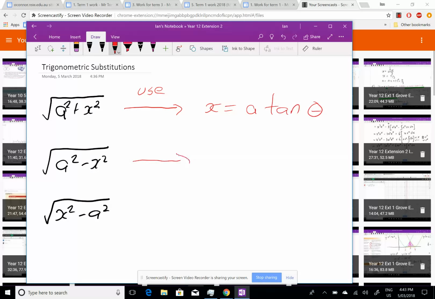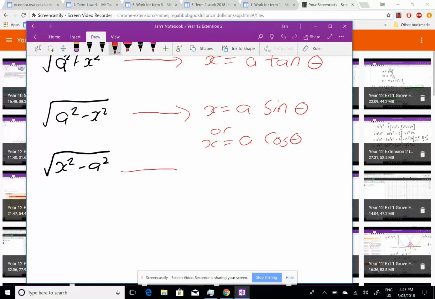And when it's a squared minus x squared, I'm going to use x equals a sine theta, or x equals a cos theta. You'll see pretty soon how you can work these out. When it's x squared minus a squared, we're going to use x equals a sec theta.